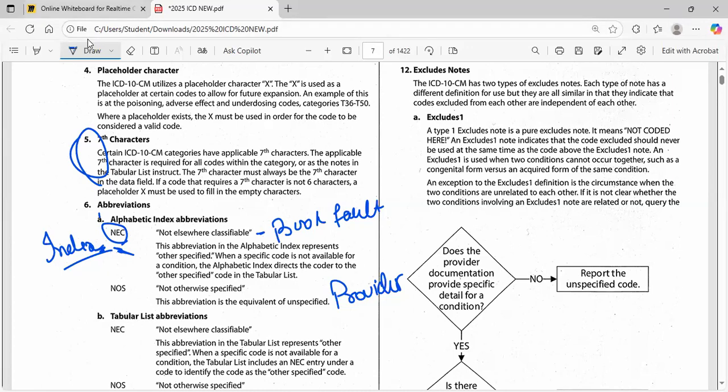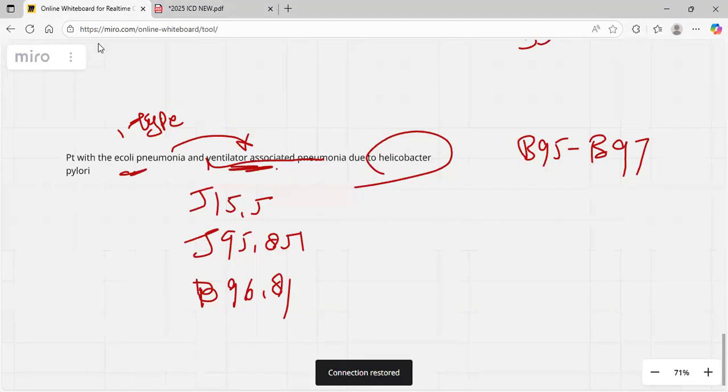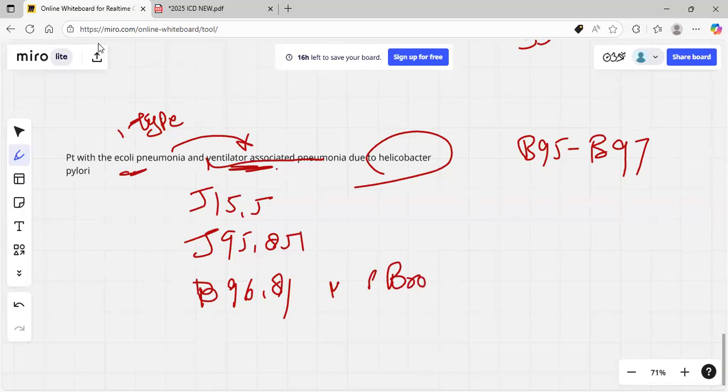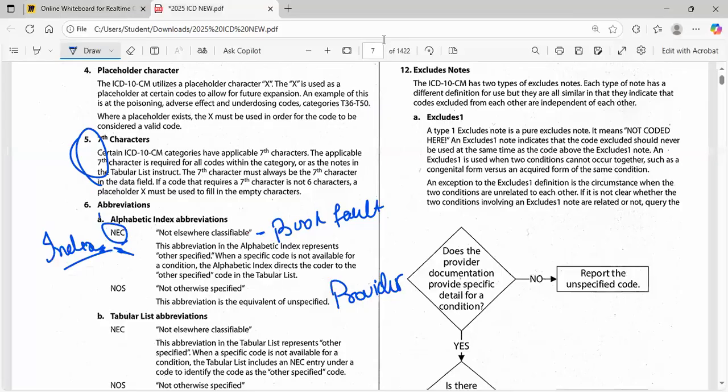Let's take an example. Let's say the patient has bronchiolitis due to rhinovirus. So what do we have to look for?